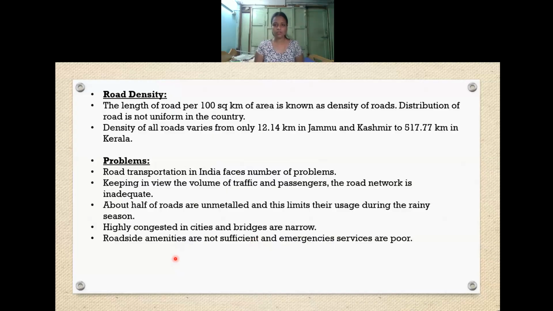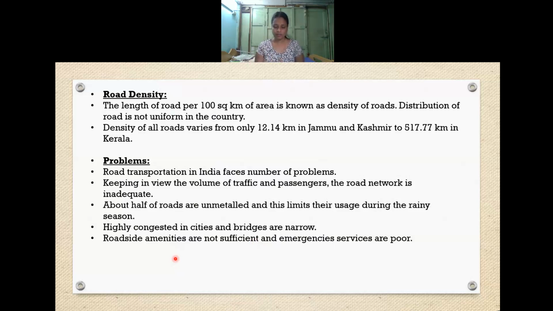So next, moving further, we will learn about density, the length of a road per 100 square kilometer. In what way will the road be calculated in our country? The length of road per 100 square kilometer of area is known as the density of roads. The distribution of roads is not uniform in the country.